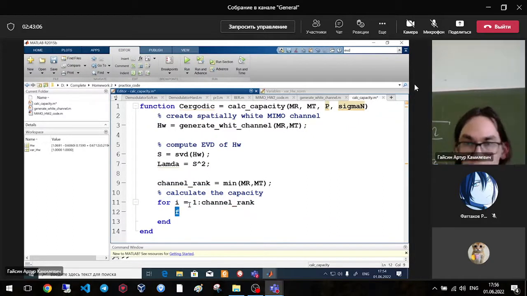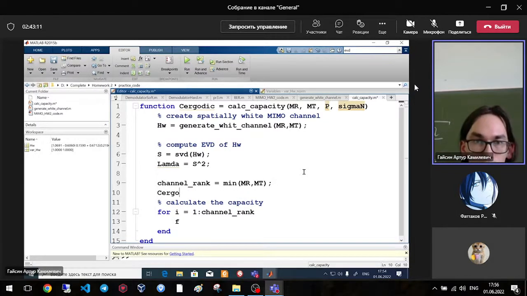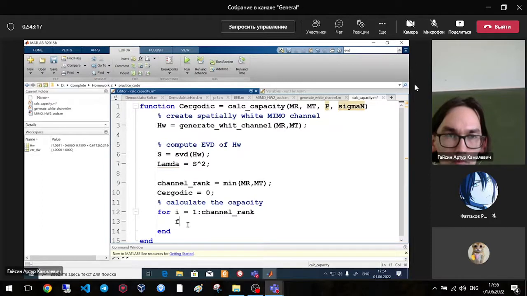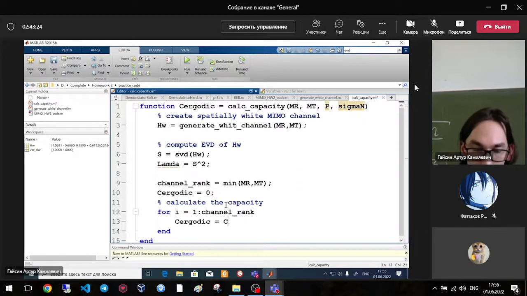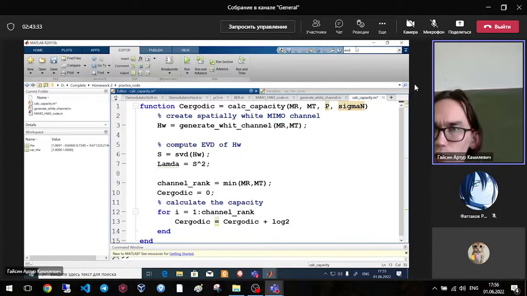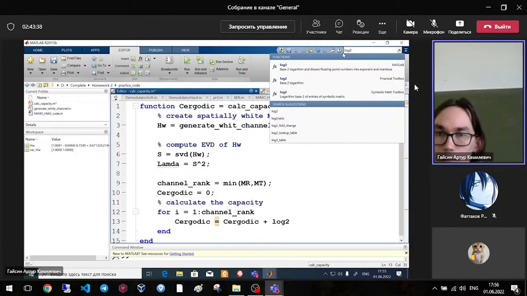And we need to first create C ergodic as 0 value. Then C ergodic plus logarithm base 2, I think like this one here. We should use it, yes, logarithm base 2.